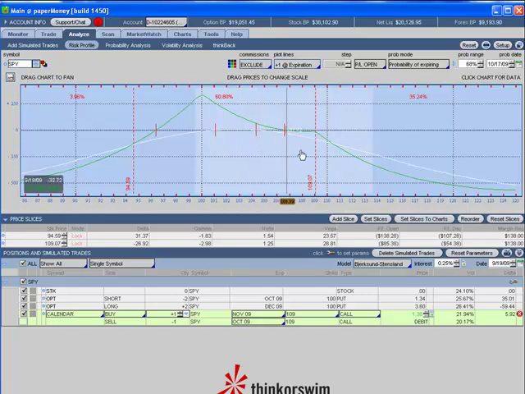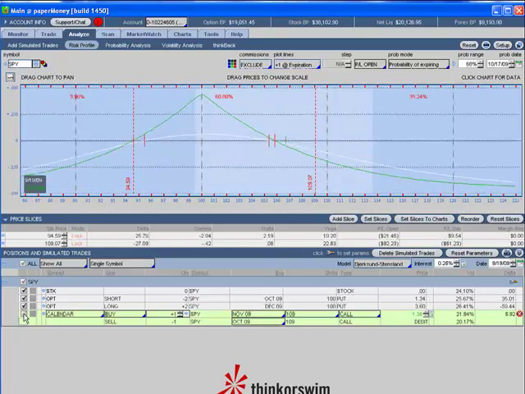Two things we want to point out. Yes, it does improve our overall risk on the upper side, but what do we have to pay in order to accomplish that? Well, if we look at our calendar spread, here we have a position that is trading at, looks like our profit would be on the upper side somewhere around $400.